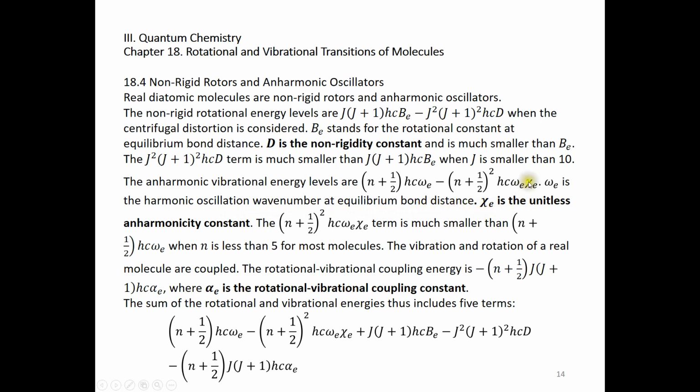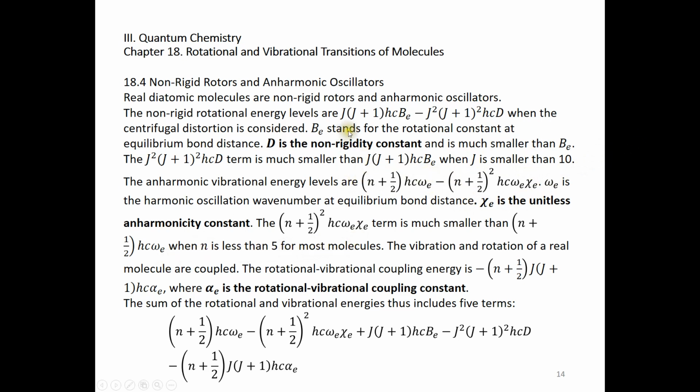Chi_e is unitless. It is the anharmonicity constant, usually between 0.01 and 0.05, much smaller than 1. Therefore, this second term is usually much smaller than the first term, unless n is large.